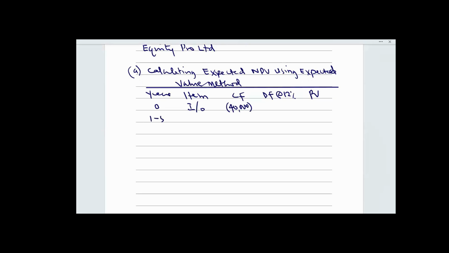Then year 1 to 5, revenue. We also have running costs, year 1 to 5. In the question, we don't have scrap value.